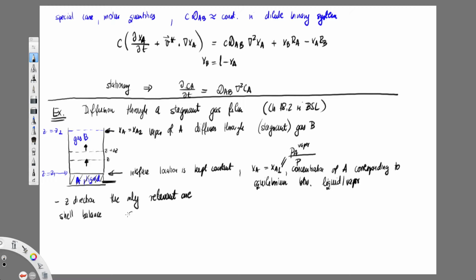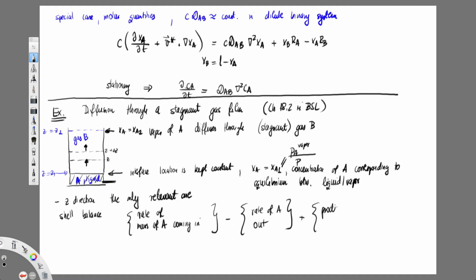So basically, rate of mass of A coming in minus rate of A coming out. No reactions, so any production or reaction or sink goes away because we have none, is equal to 0.